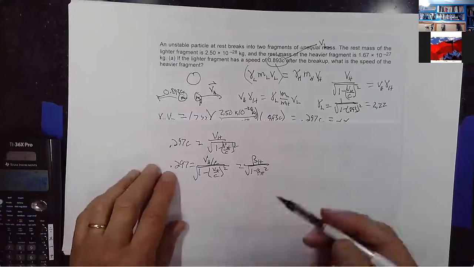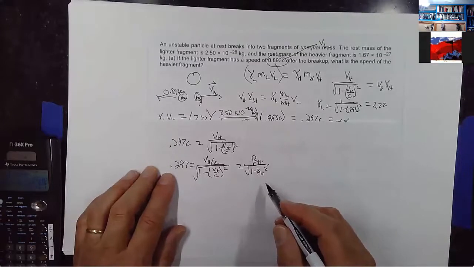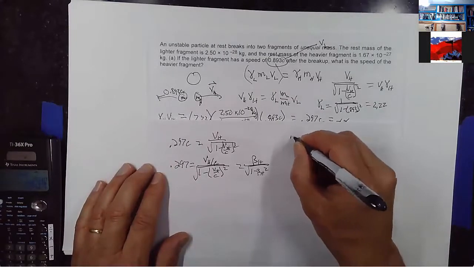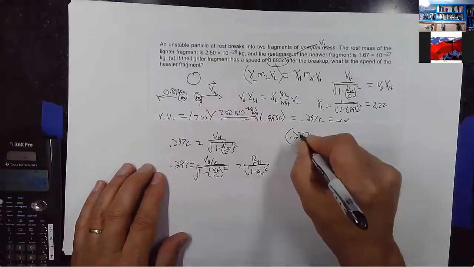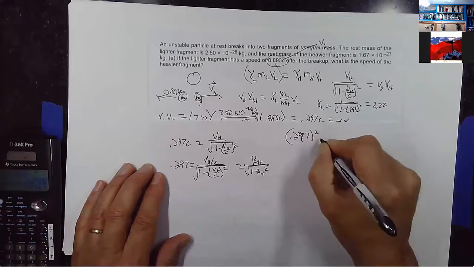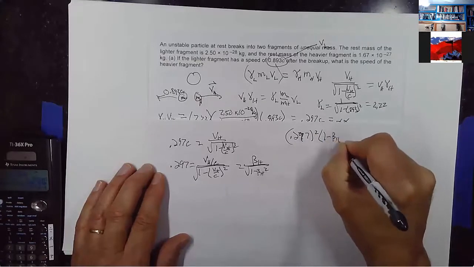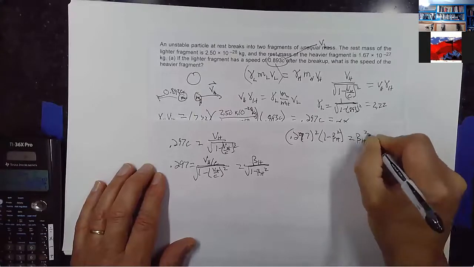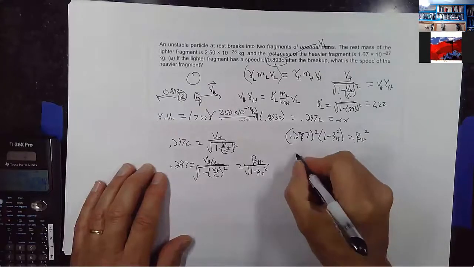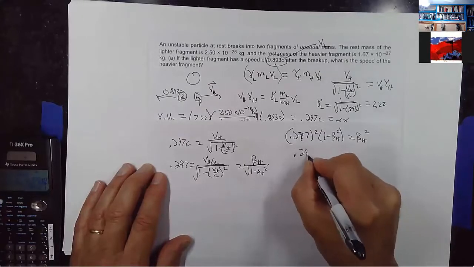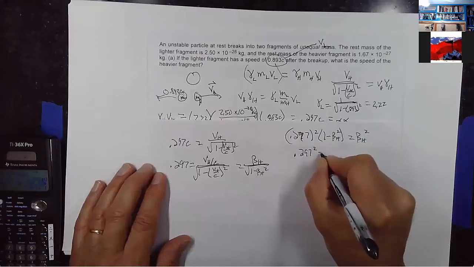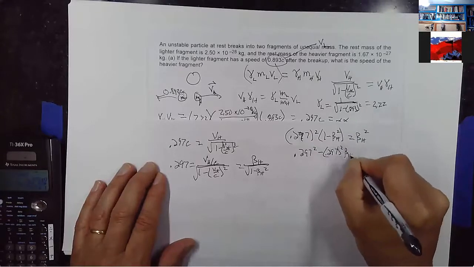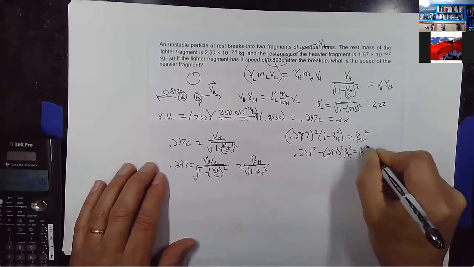It does have subscripts, but if I multiply this out from underneath and square both sides, I'll get 0.297 squared times 1 minus beta sub h squared is equal to beta sub h squared. And a little bit of work, and I'll have 0.297 squared minus 0.297 squared beta sub h squared is equal to beta sub h squared.